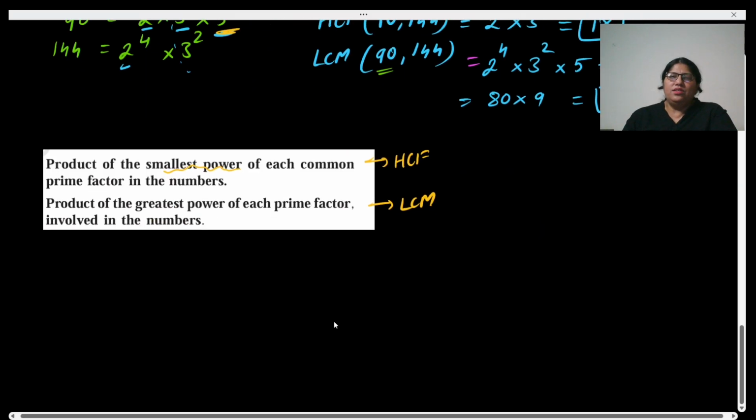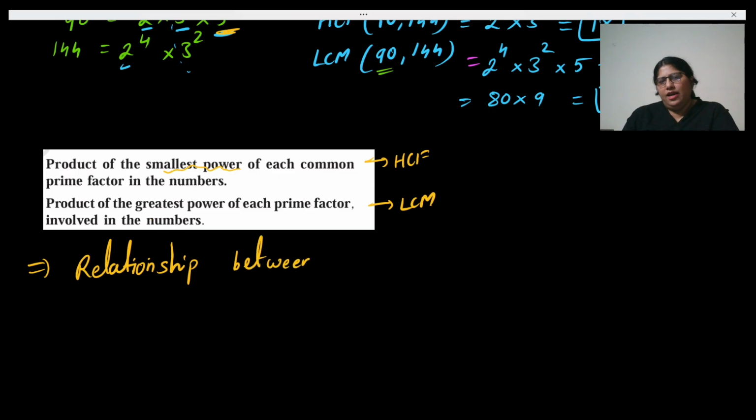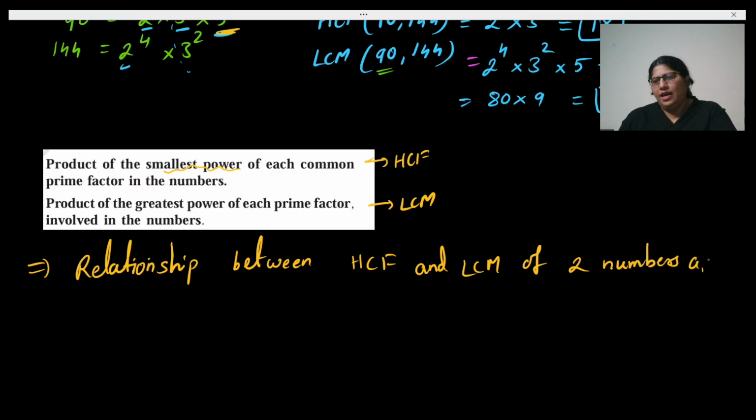Then what is the relationship between HCF and LCM of two numbers? If I take those numbers as A and B, this you have also learned in lower grades.